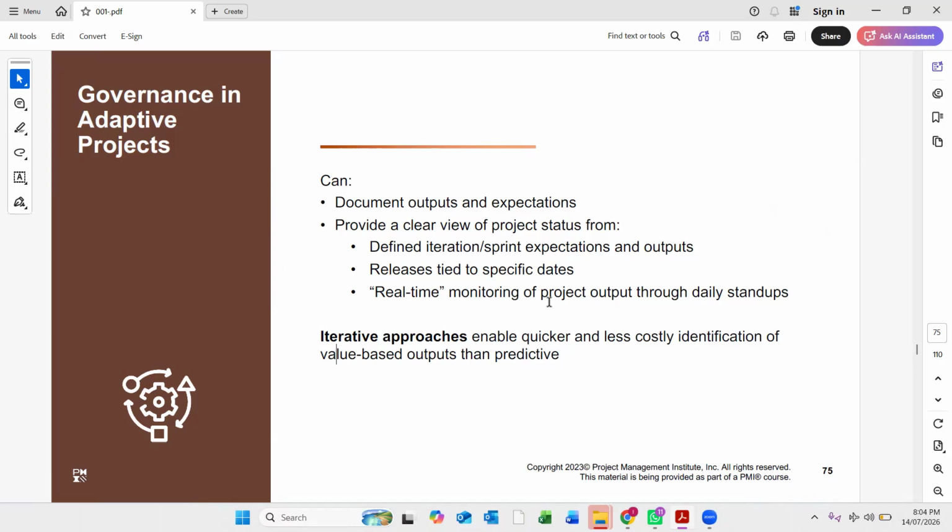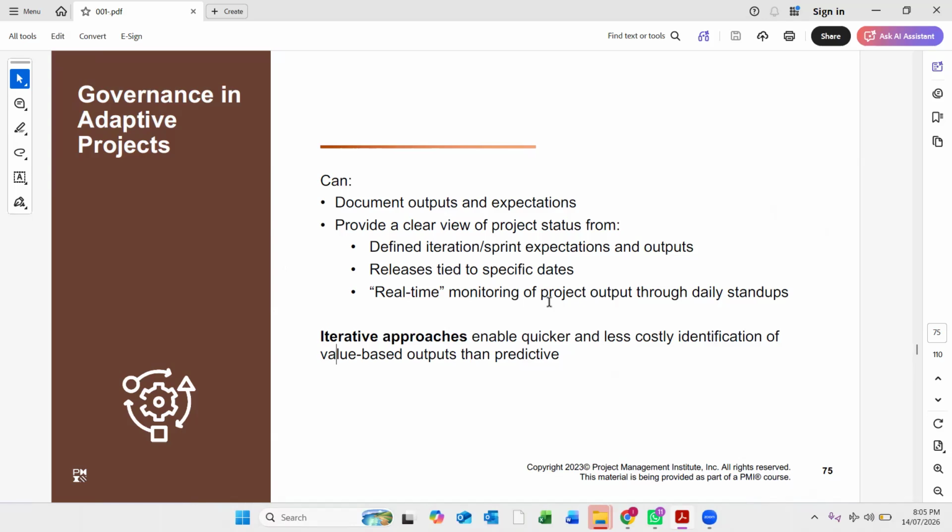And releases: how many releases there will be, what the specific dates for those releases are, how we are going to monitor those outputs, how the daily stand-ups will work, and what the iteration approaches will be. It should be quicker and less costly, with identification of value-based outputs, than predictive.